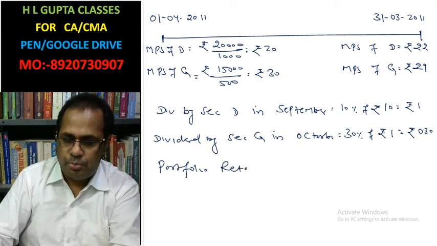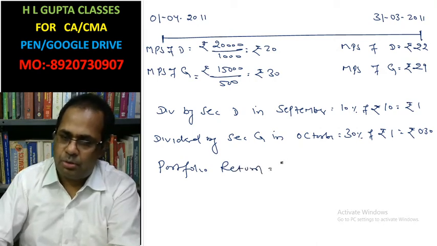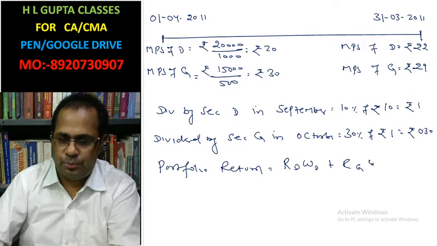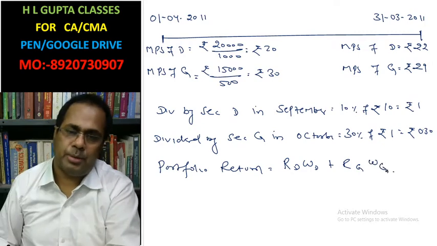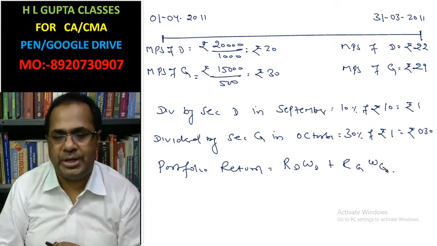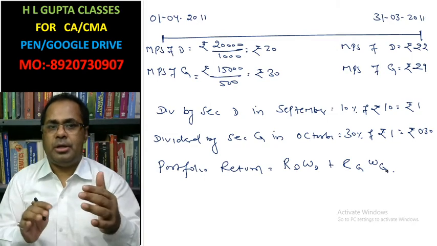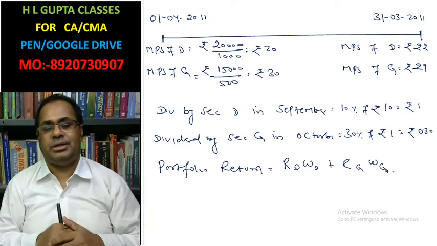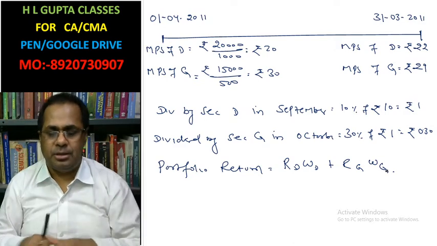Portfolio return equals return of D times weight of D plus return of G times weight of G. The weight is calculated on the basis of the amount invested in D and in G.